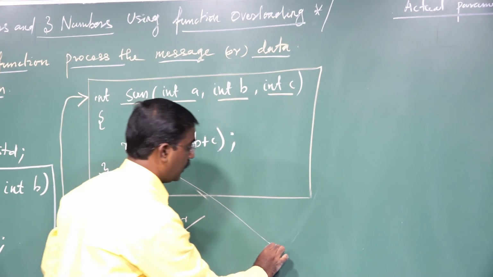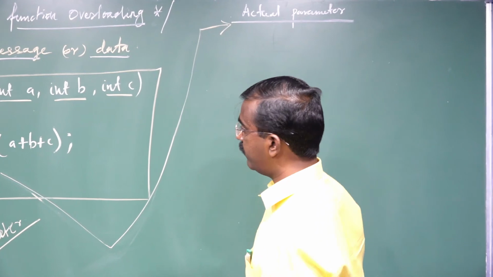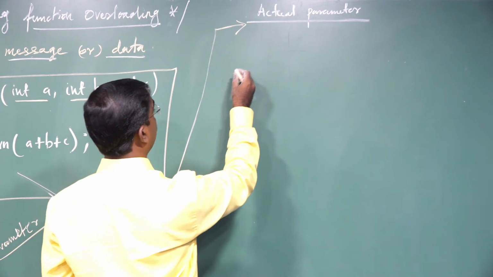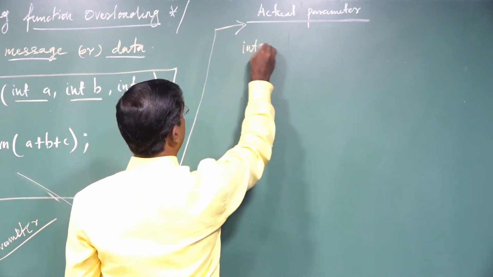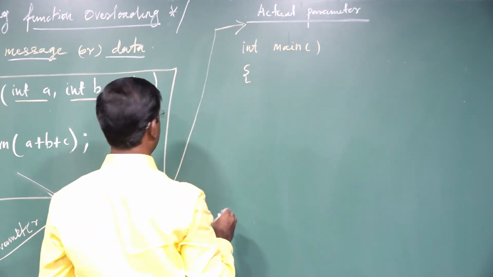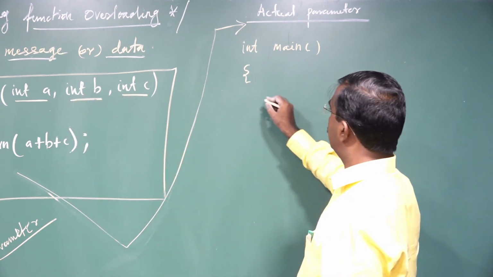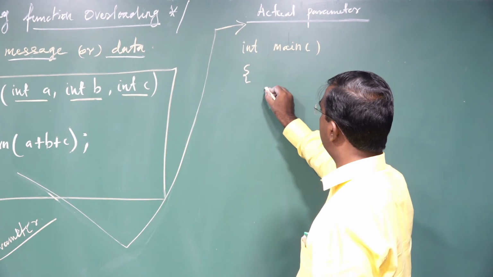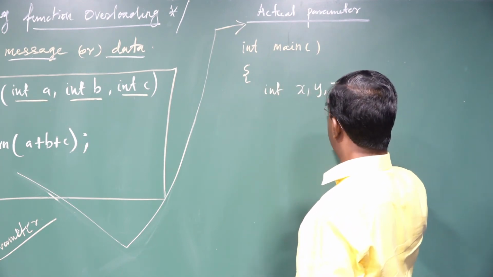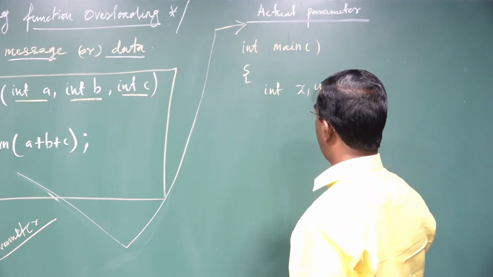Now we'll see the continuation of this program. We'll write the actual parameter. How can we write, sir? The actual parameter is written in the main program. Here integer main. Okay, yes. Variables A, B, C were already declared, but for a change, here integer x comma y comma z, terminated by a semicolon.